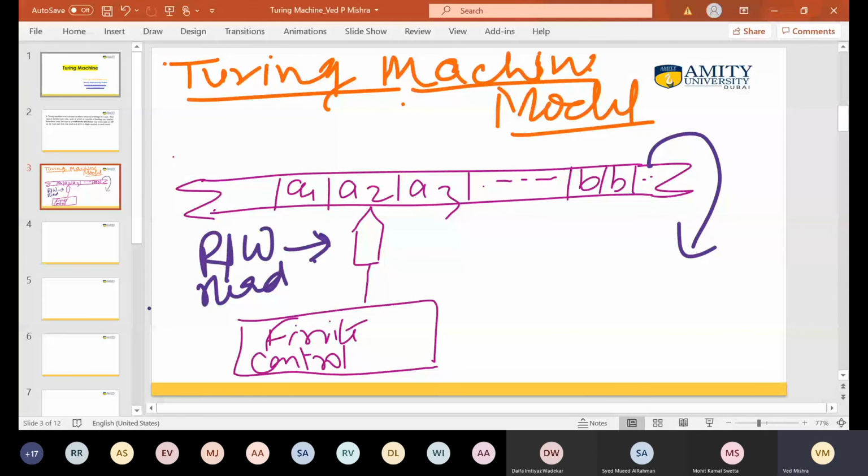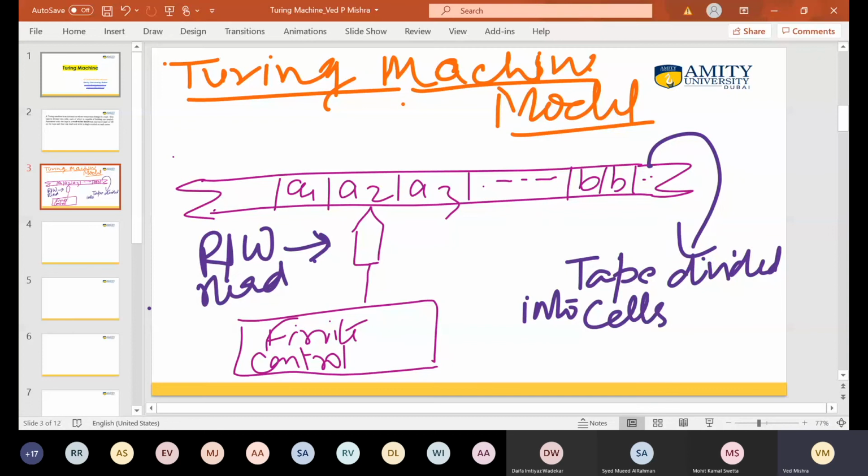These are the tapes divided into different cells, and of infinite length.